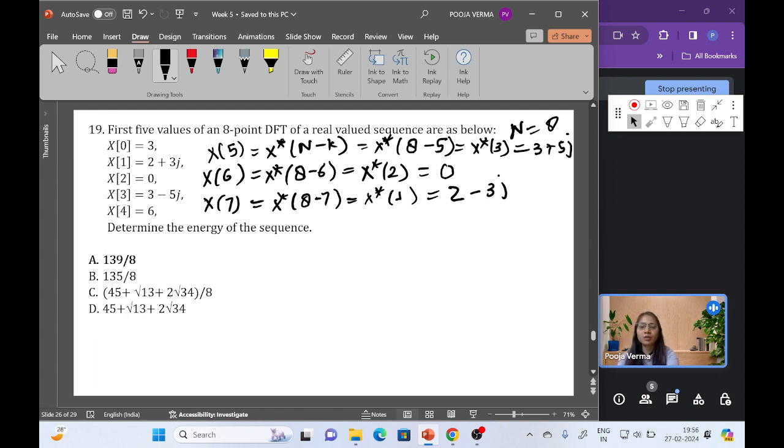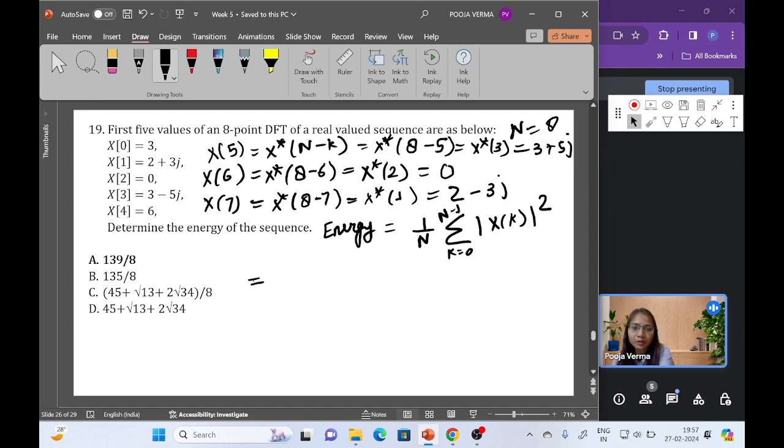So now, in order to find the energy of any sequence, as I already told you, energy is equal to 1 by n summation k is equal to 0 to n minus 1 of mod of xk square.